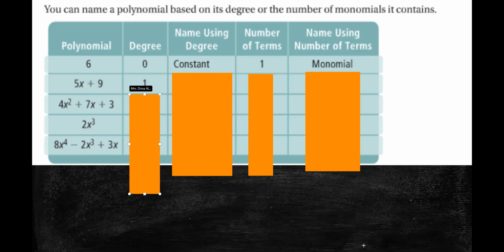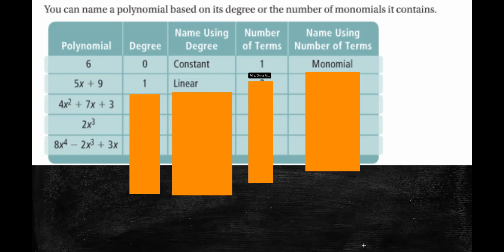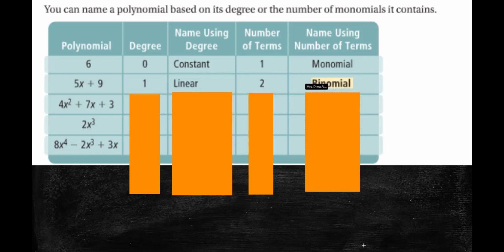Since the degree is 1, we call it linear. How many terms do we have? 2 terms. And since we have 2 terms, we call it a binomial.